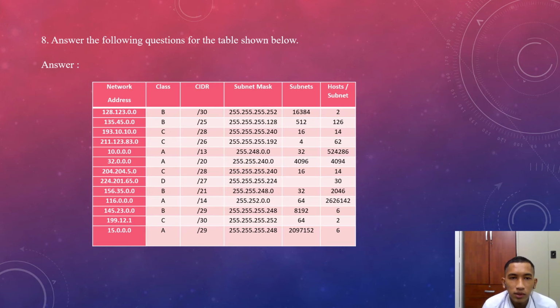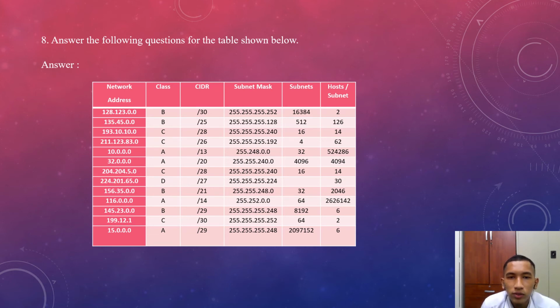Number 6 is class A, CIDR /20, subnet mask is 255.255.240.0, subnet 4096, host per subnet 4094.